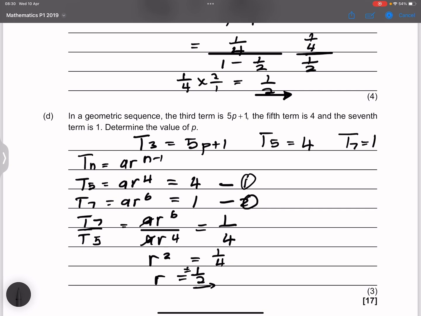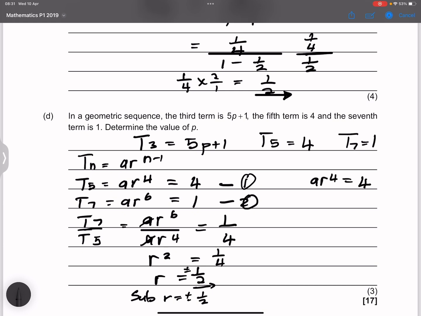I'm going to substitute r as plus or minus 1 over 2 into the first equation, T5. So we know that ar^4 is equal to 4.